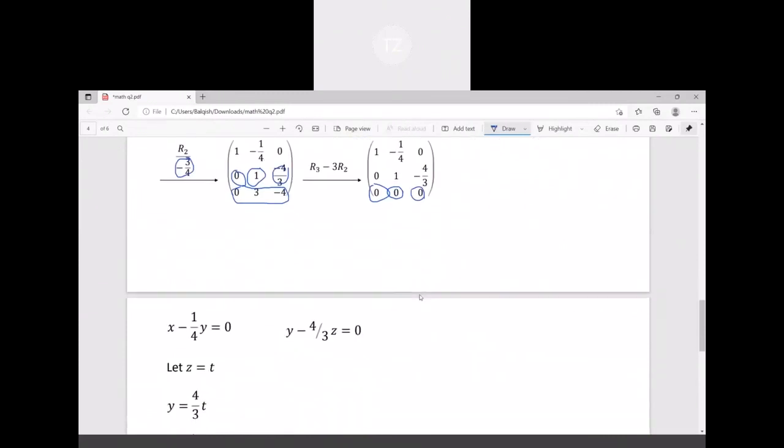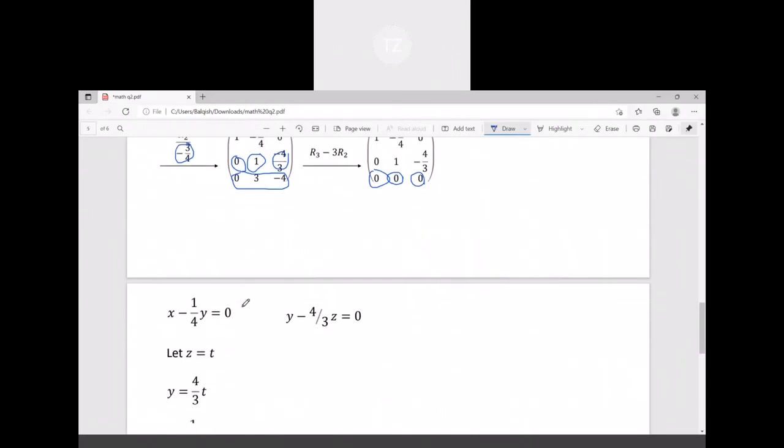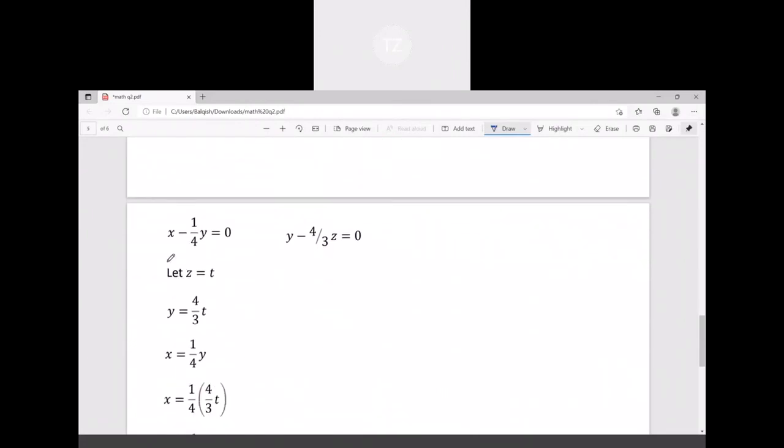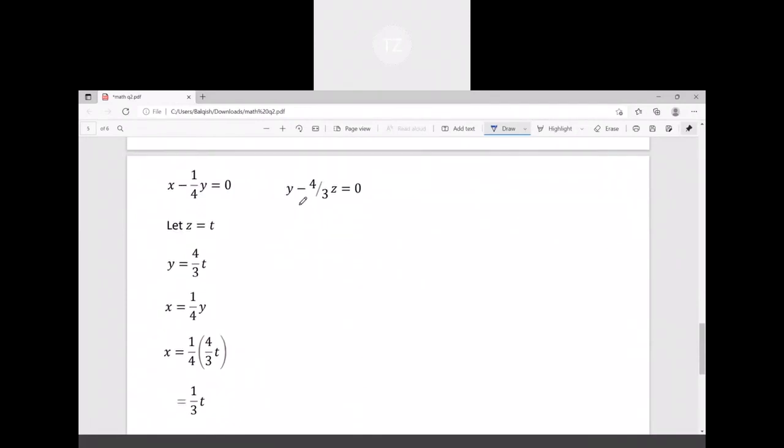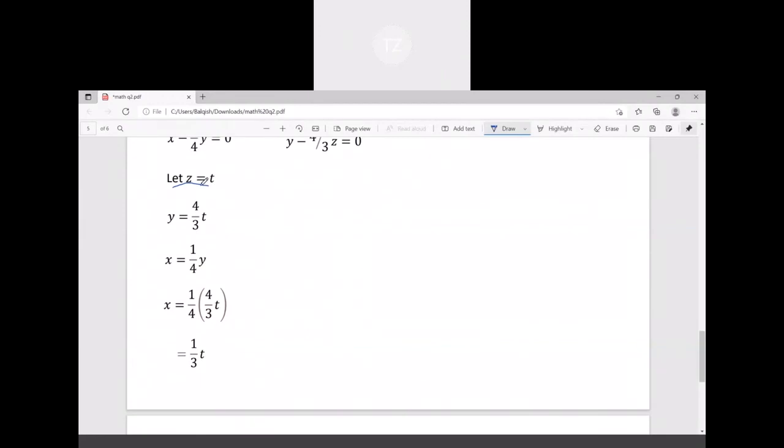So on this echelon matrix, we can write it into equations. So the equations are x minus 1/4y equal to 0. Next, y minus 4/3z equal to 0. So we need to let z equal to t. Then we substitute z equal to t into y and x.